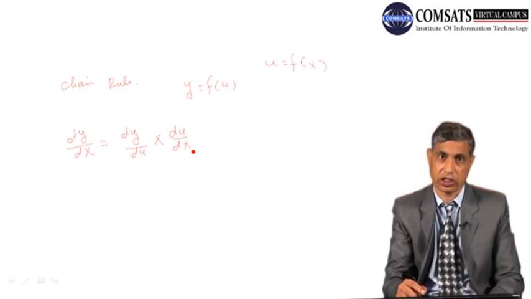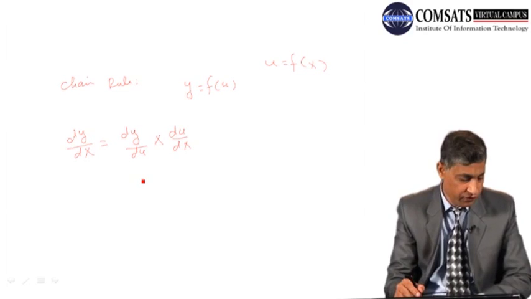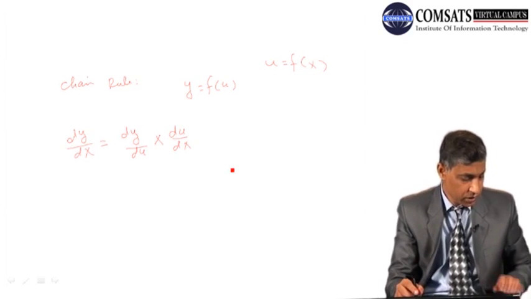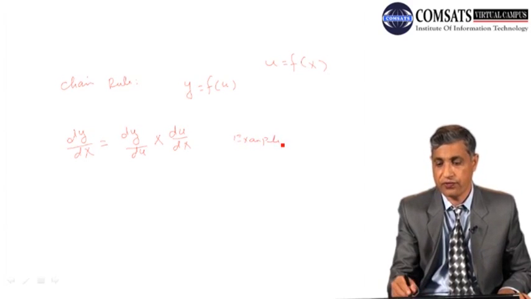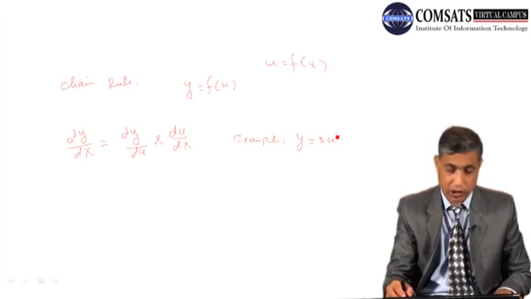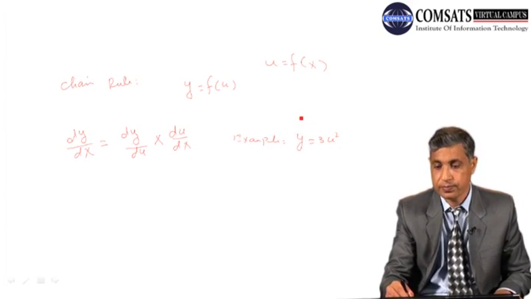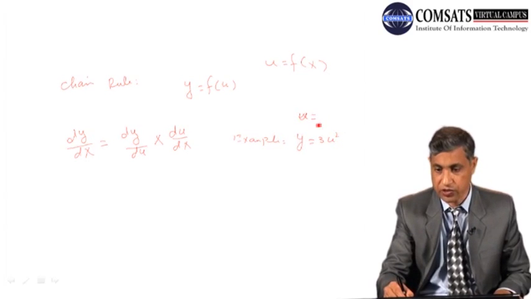I am going to explain it by one example. For example, if y is equal to 3u square, and we further find that u is equal to 4x plus 5.